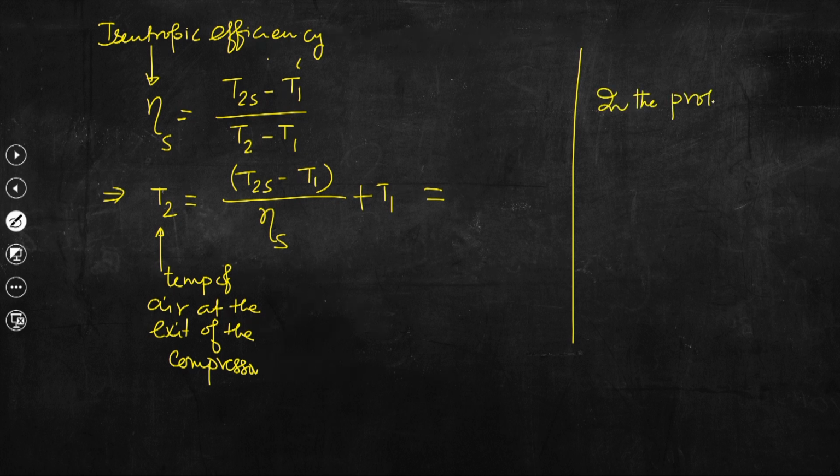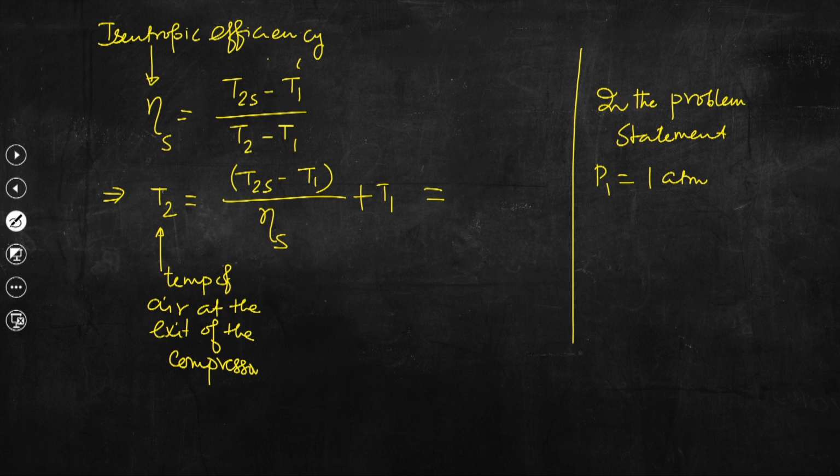In the problem statement, it is given that P1 equal to 1 atmospheric pressure, right. The power required to drive the compressor. Now, ambient conditions.